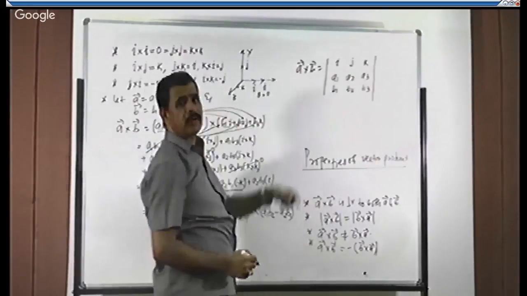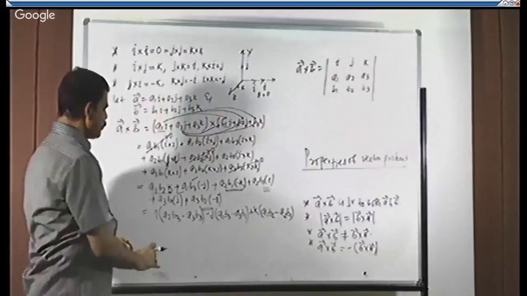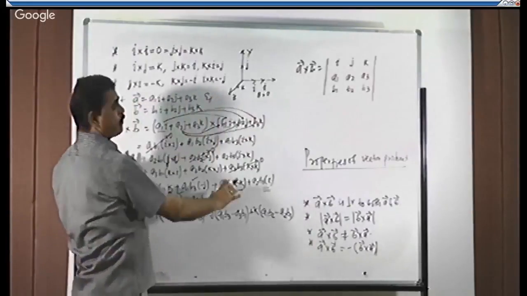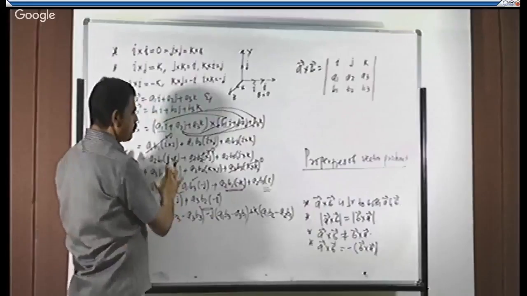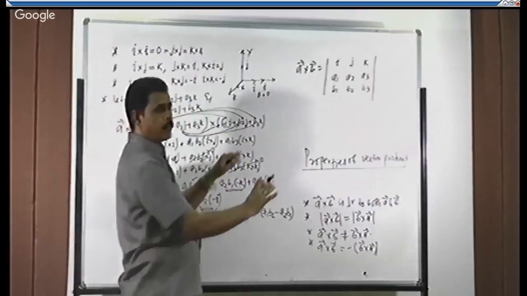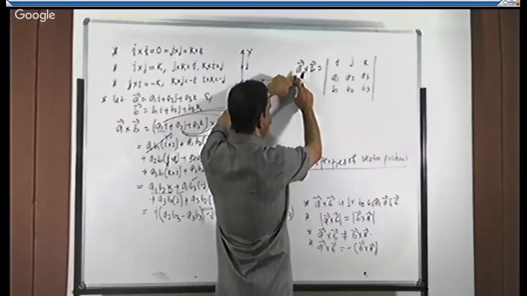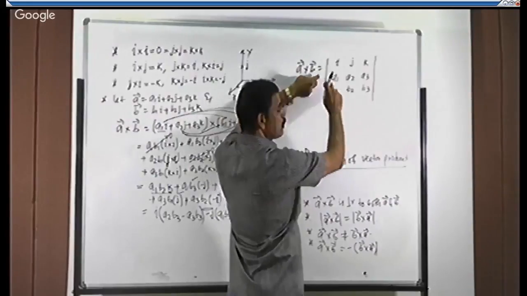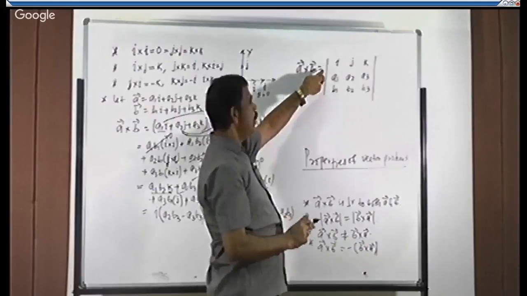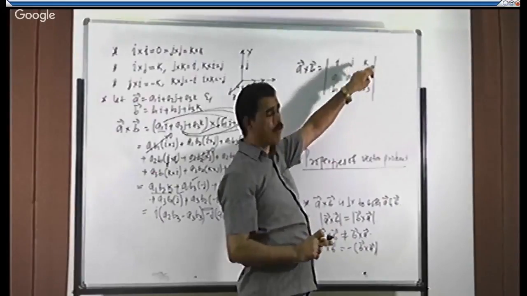This is called A cross B. Please, this is information I've given you. Don't remember all those things. You just remember it as a formula. That is, A cross B can be found using this determinant form. I, J, K is the first row.